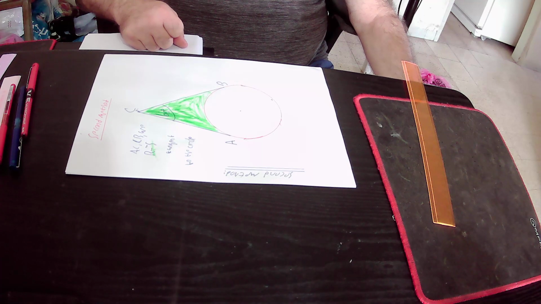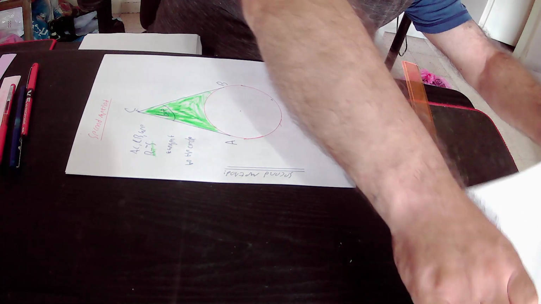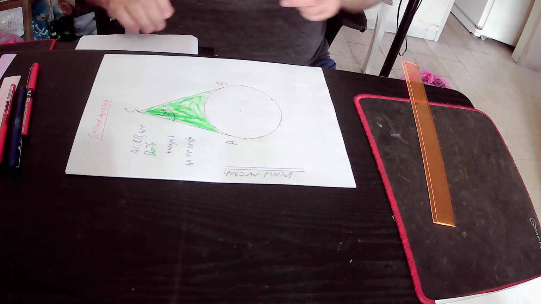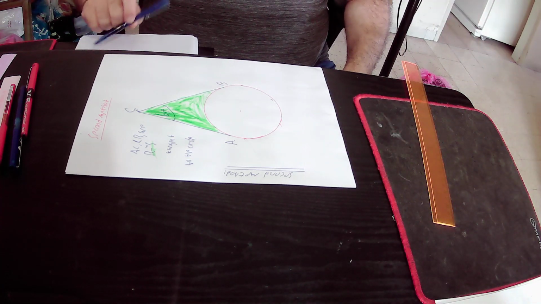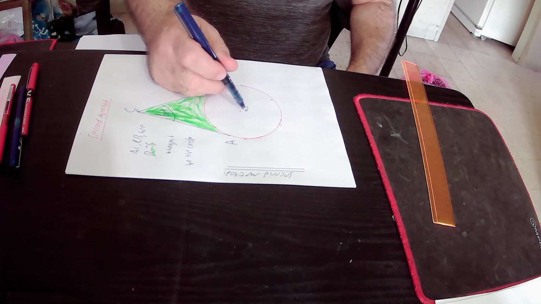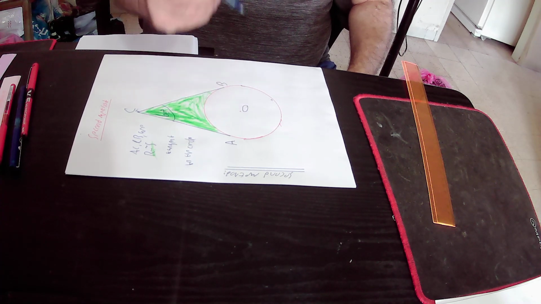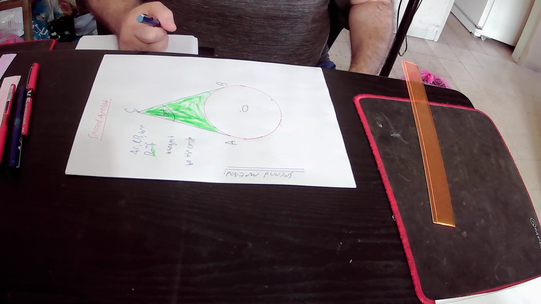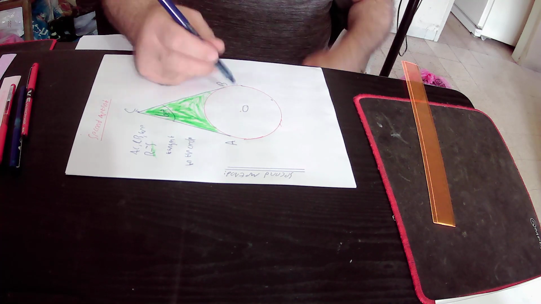First of all, we will define the center of the circle at point O, and we will join together points A and O by a straight line.